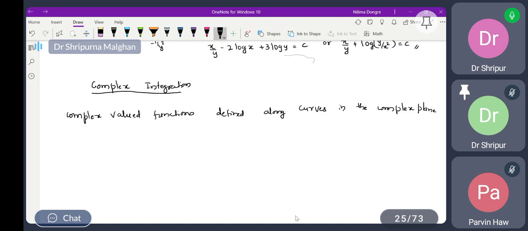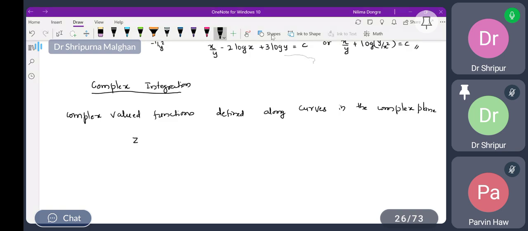So in the beginning I have told you that whenever we want to take the limit, please remember that it can approach along any direction. It is not only along the x-axis but along any direction, z approaching z naught, right? So that is what you should understand here.